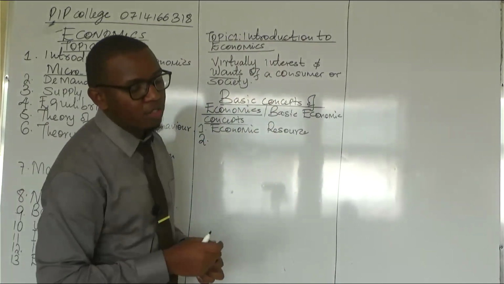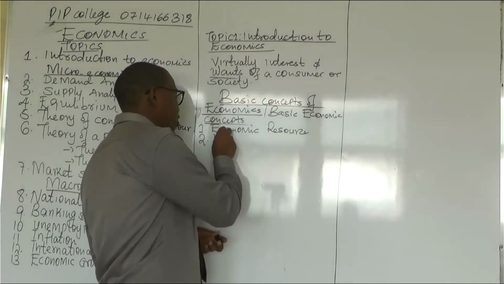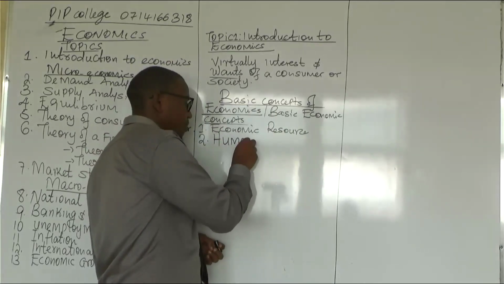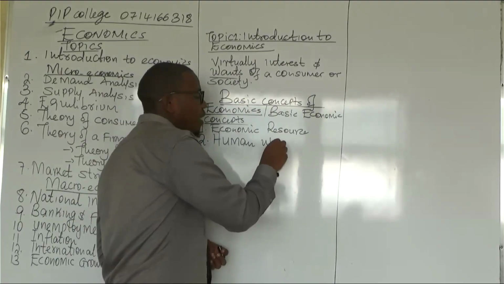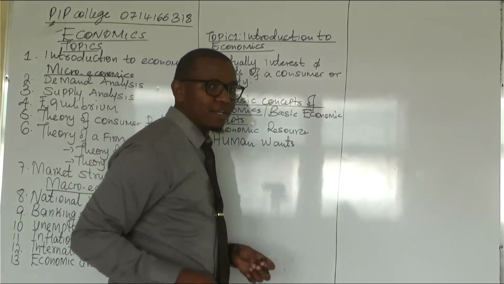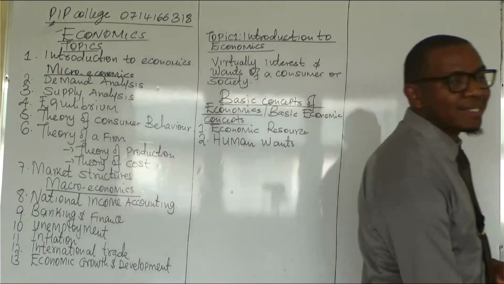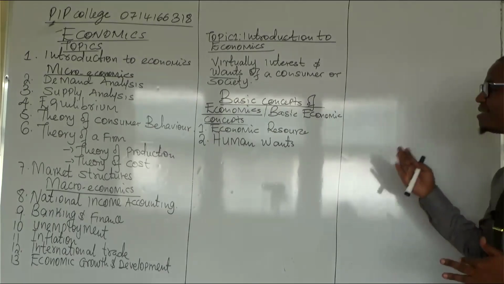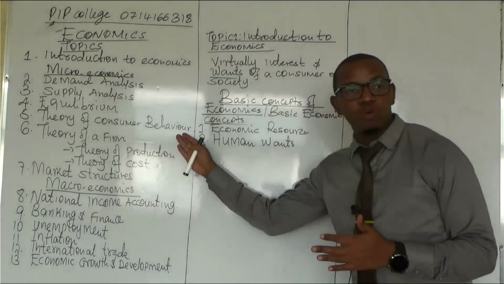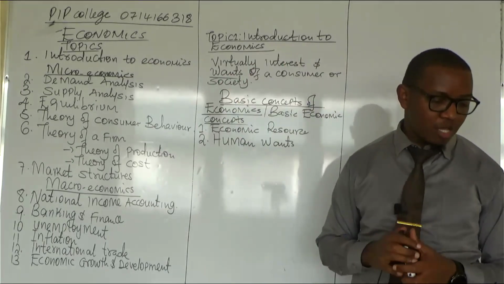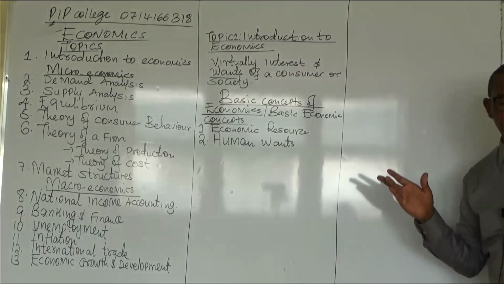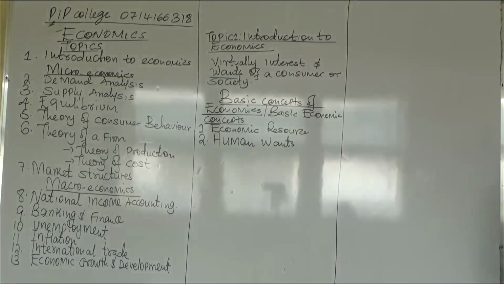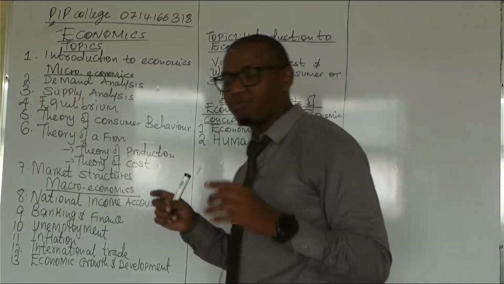Number two, we'll also be able to talk about what we call the human wants. Human wants, we are talking about the human desires for goods or services, which we say are limitless or unsatisfiable.